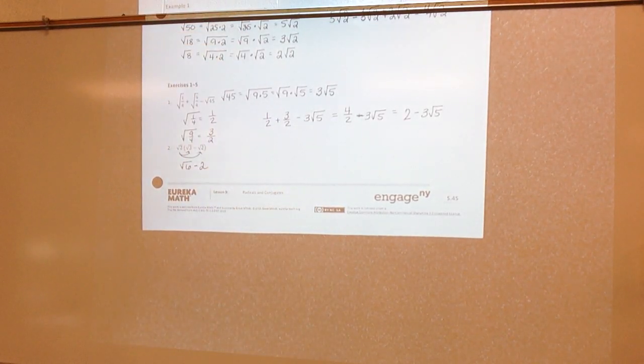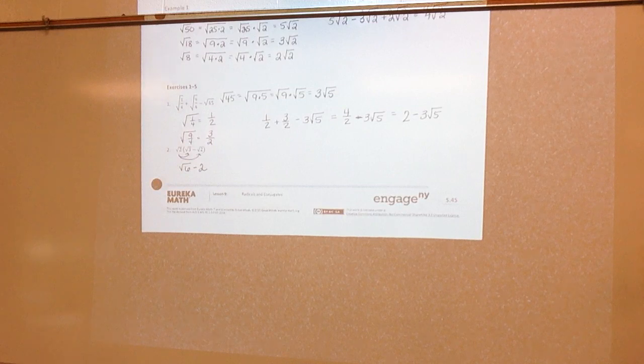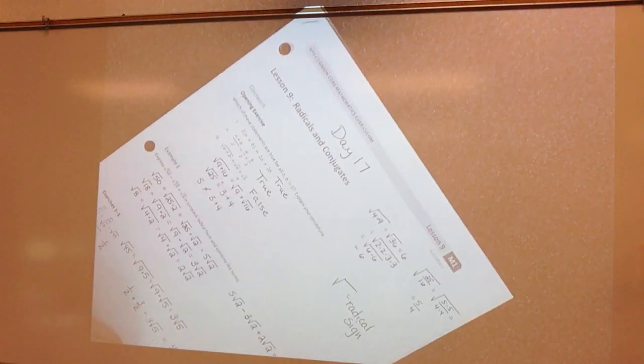So in this case, square root of 6 minus 2. I'm done. There's nothing else I can do. I am in simplest form because the square root of 6 cannot be broken down into any perfect square times something. 1 is a perfect square, but 6 is not a perfect square, 2 is not a perfect square, 3 is not a perfect square. Those are the only 4 factors of 6. So I can move on, I'm done.